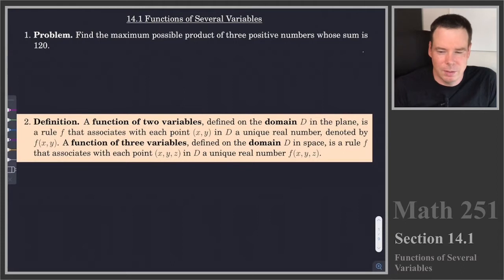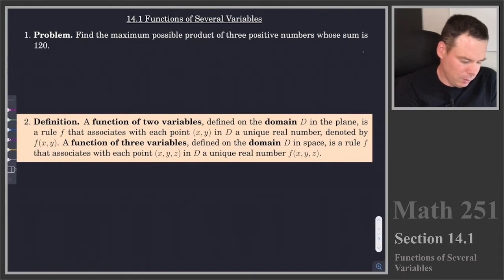What is it saying? We're going to find the maximum possible product of three positive numbers whose sum is 120. So we want to find numbers x, y, and z such that x plus y plus z is 120. And what do we want?